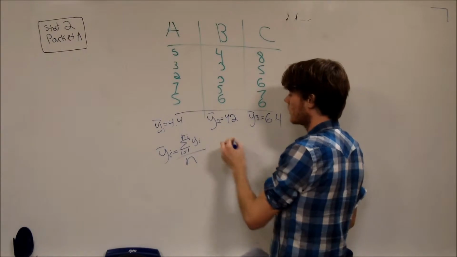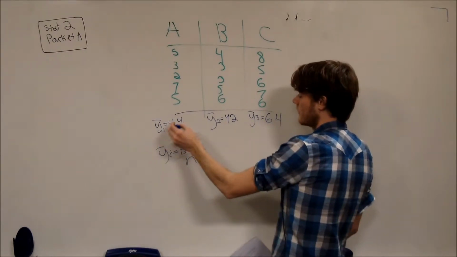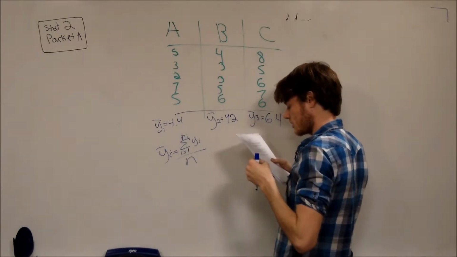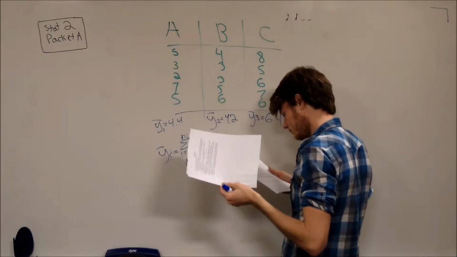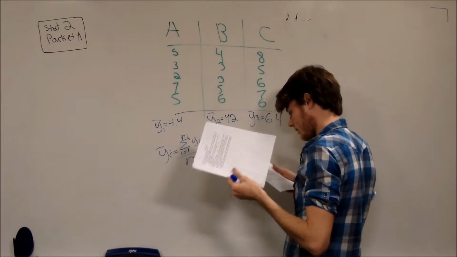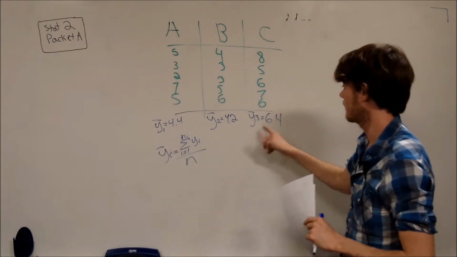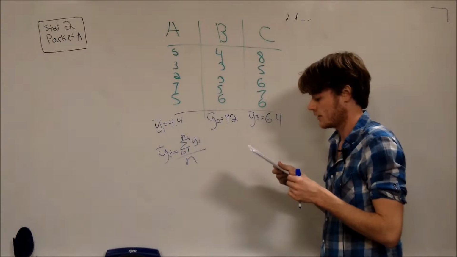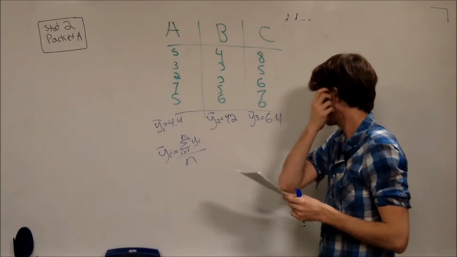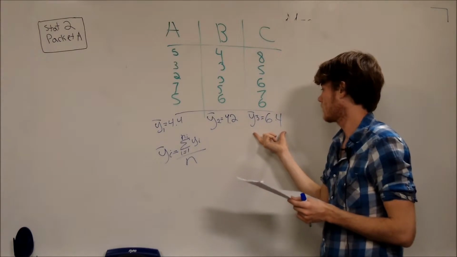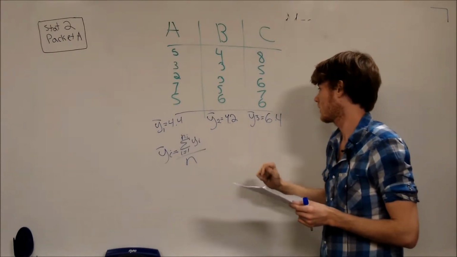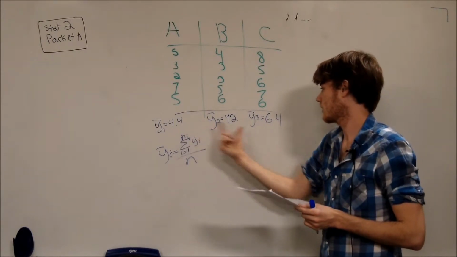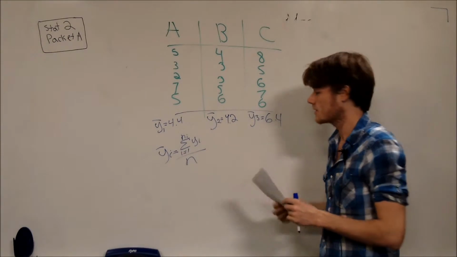Also we want to find the total mean, which is all the observations together divided by the total number of observations. So you add up 6.4, 4.2, and 4.4: that's 6, 10, 14, 14.6, 15. 15 divided by 3 is 5.